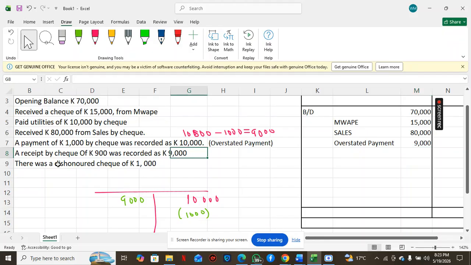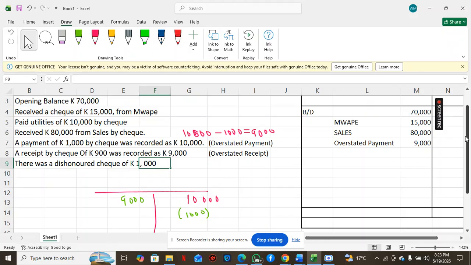Then here we have a receipt by check of 900 kwacha that was recorded as 9,000 kwacha. This is now an overstated receipt. Instead of putting 900 kwacha, they've put 9,000 kwacha.